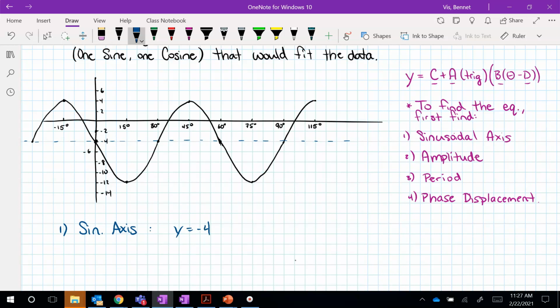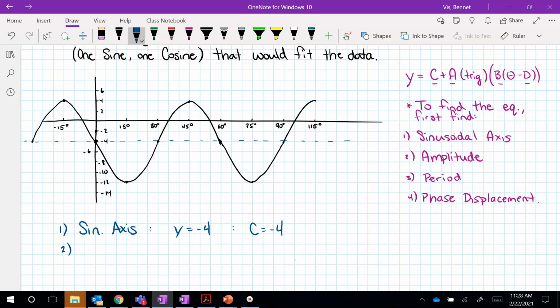Normally a cosine function or a sine function oscillates above and below just the line y equals 0, the x-axis. But now we've shifted this thing down 4. So that's my sinusoidal axis, which is this c value up here. I've got that the c value in the equation will be -4. Everything's being shifted down 4 there.